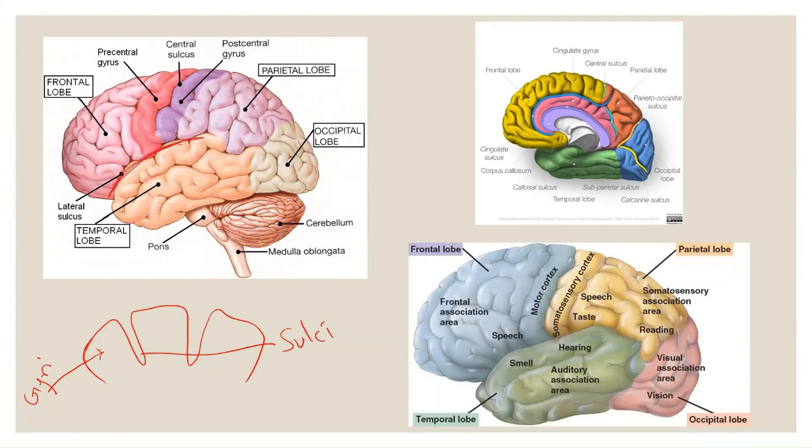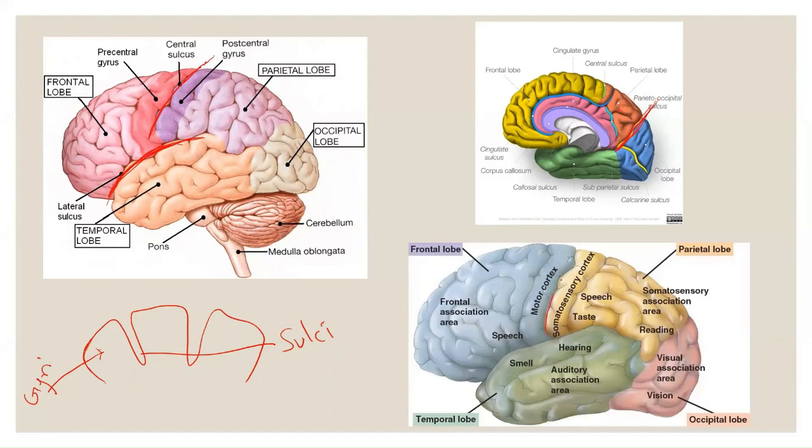So here you have the lateral sulcus, and these help divide the lobes into their different parts. So here you have the central sulcus dividing the frontal lobe from the parietal lobe. And here you have the lateral sulcus separating the temporal lobe from the frontal and the parietal lobes. And if you look at the medial view, if you cut the brain in half and look at the internal aspect, you can see the parietal occipital sulcus here, which separates the occipital lobe from the parietal lobe.